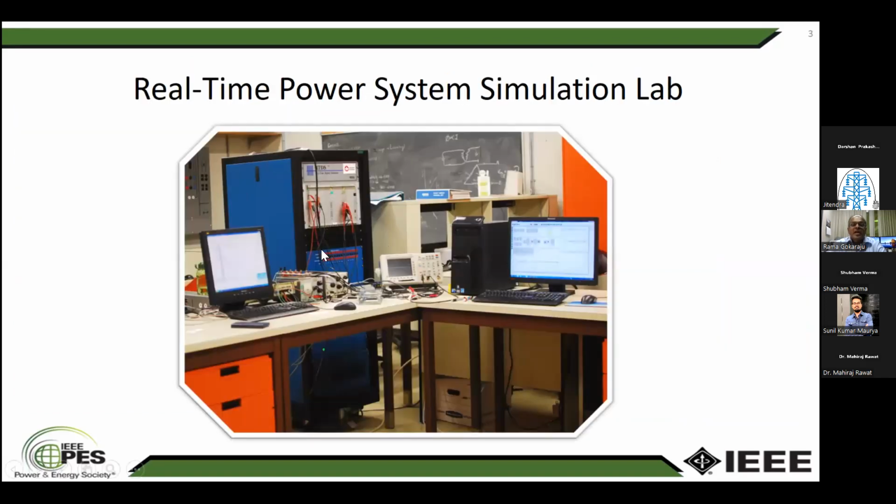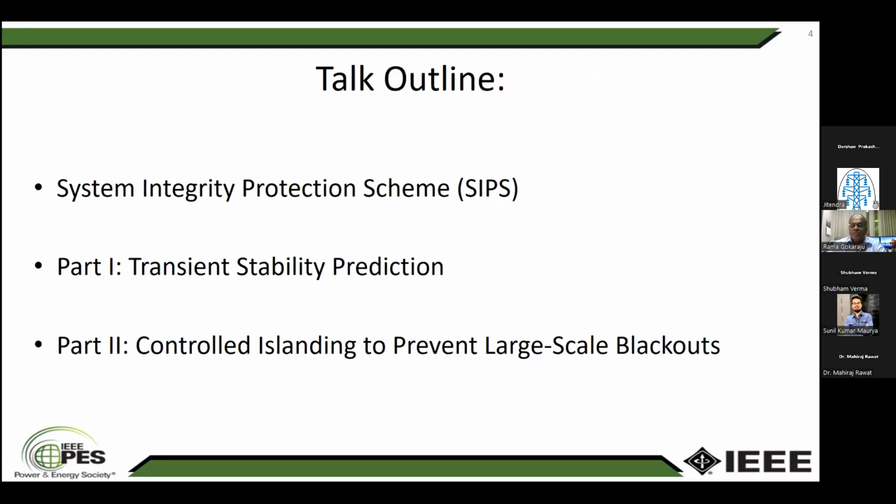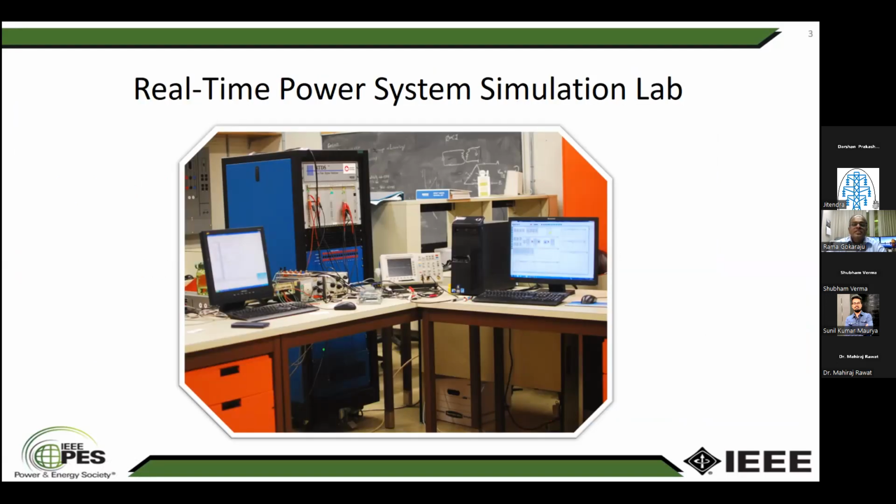So this is my lab, the power system simulation lab. Typically, I have about 4 to 5 PhD students and about 5 to 6 master's thesis-based students. And then we also have project-based students in the group, 1 or 2 students. Here is the real-time digital simulator that I have.